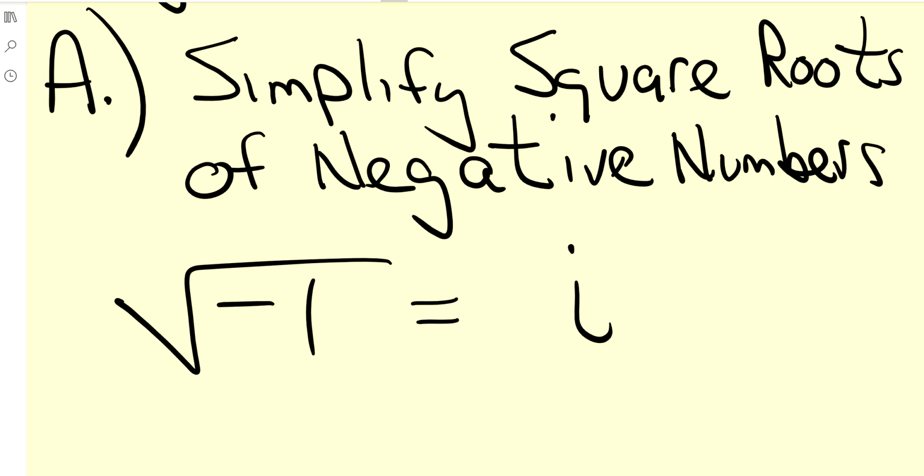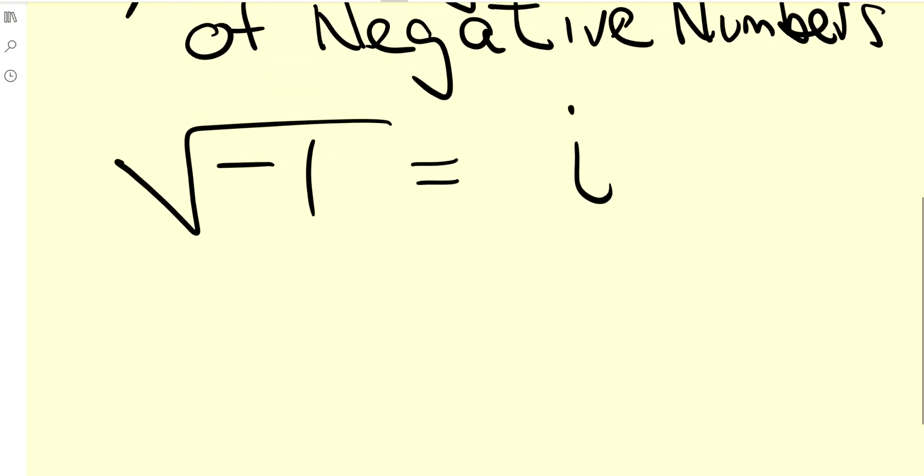If i equals the square root of negative 1, then if I squared both sides, i squared is going to equal negative 1, the radicand, just like we follow the same property as we do with other numbers.